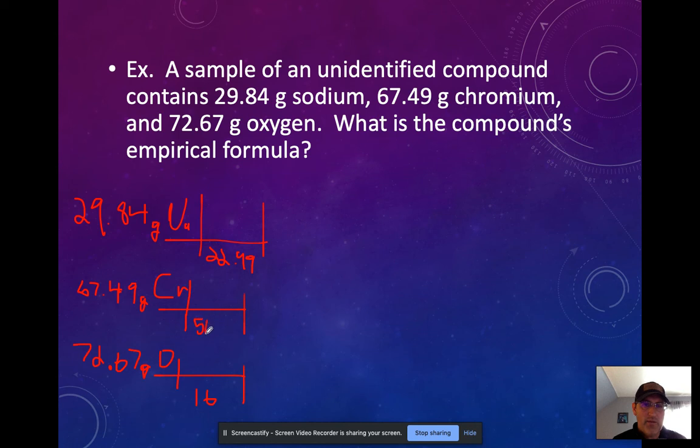So that's 52 exactly. All right, what are these going to equal? So we're going to go through and determine our mole amounts. Again, I shortcut a little bit there, left a couple things out.